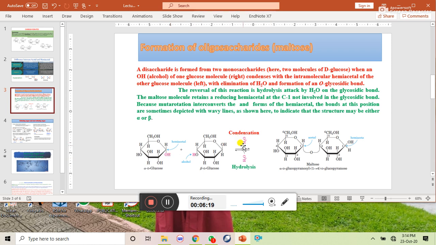The water is released, so here we get maltose. The reverse of this reaction is called hydrolysis. The hydrolysis of maltose produces alpha D-glucose and beta D-glucose.